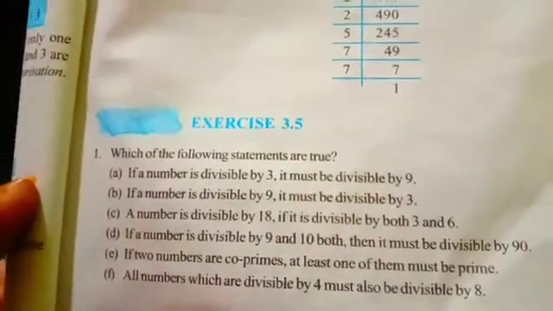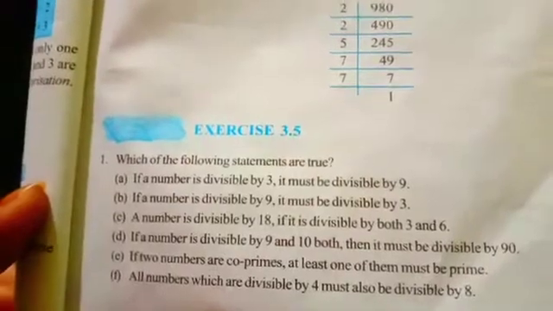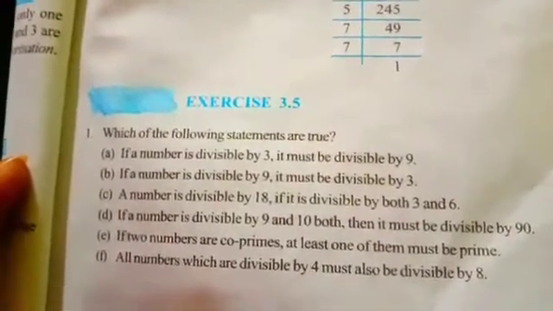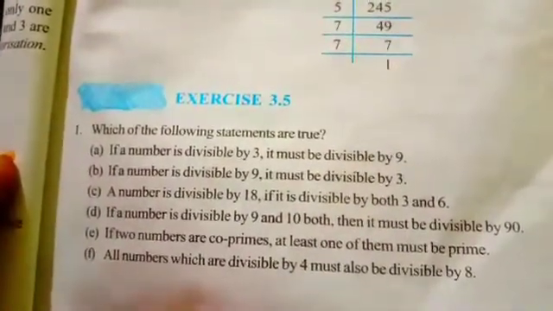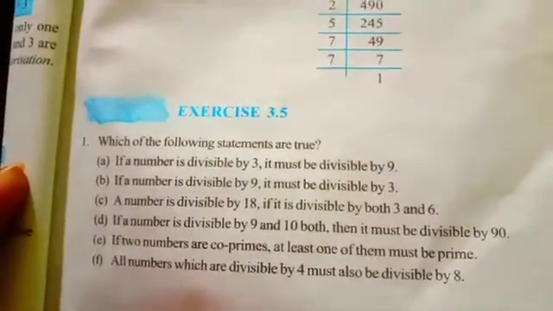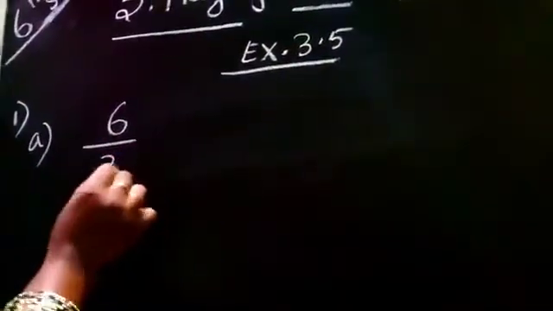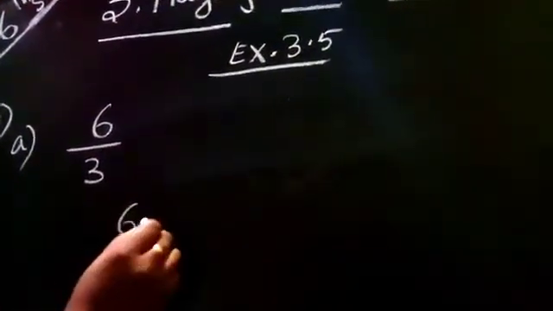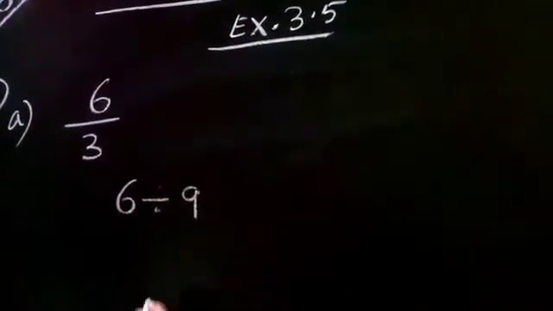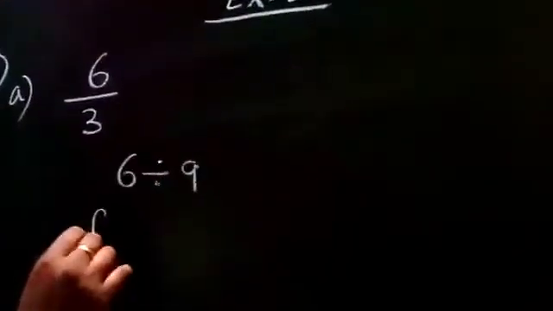Which of the following statements are true? First one: if a number is divisible by 3, it must be divisible by 9. It is false, because 6 is divisible by 3, but 6 is not divisible by 9. So this is false.